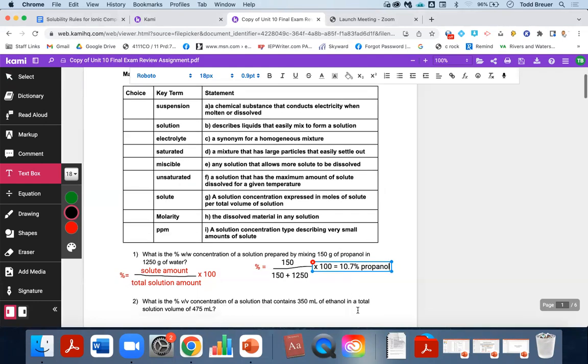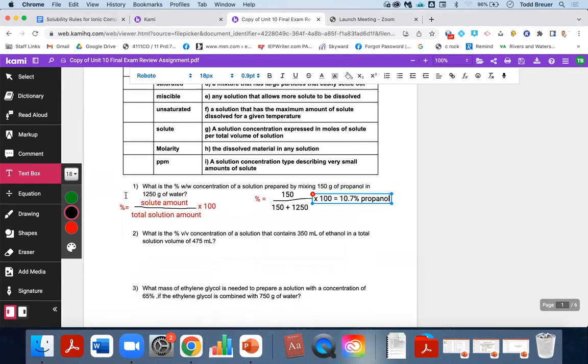Okay. If we look at number 2, again, it's asking for a percentage. So really, we're just going to take the same formula and say, okay, look, we're applying this formula again to get the percentage. So let's apply that same formula.